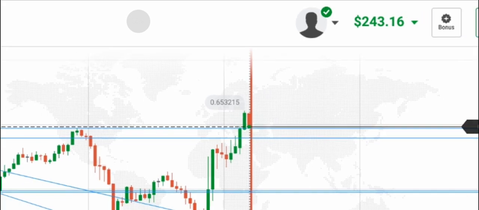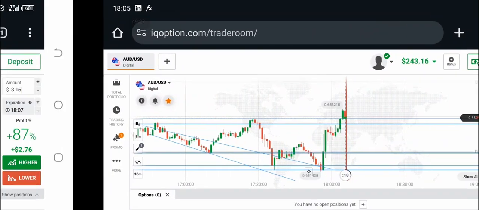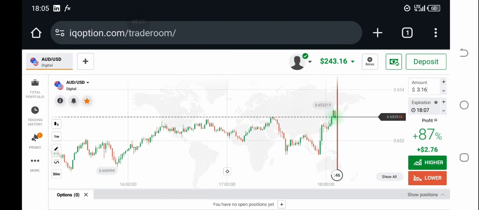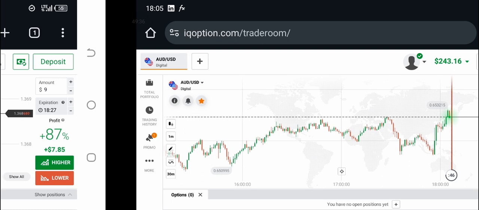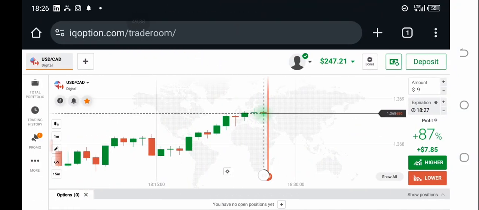So I was waiting. All right, so you can see this is the clear naked chart in the market. So I had some few losses on that trade, but I recovered them.